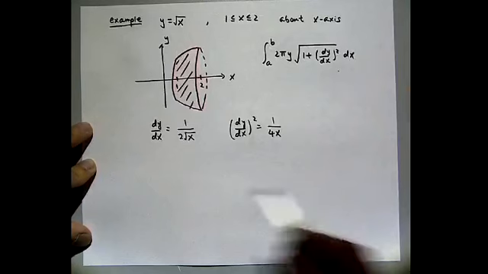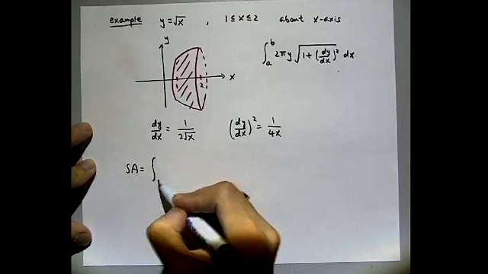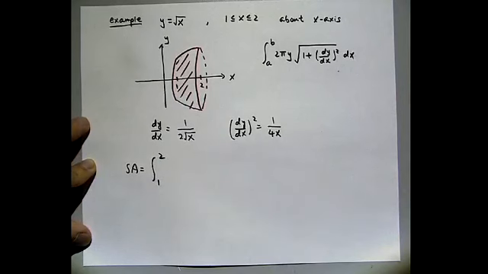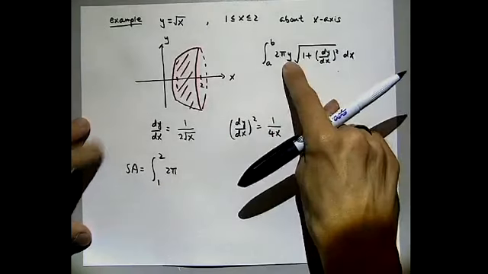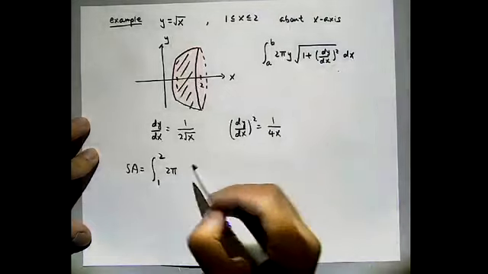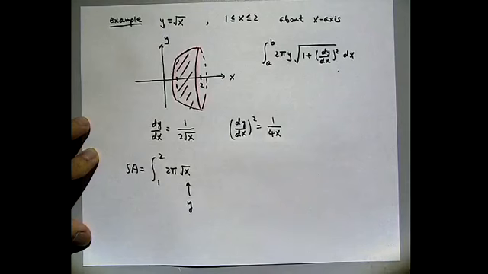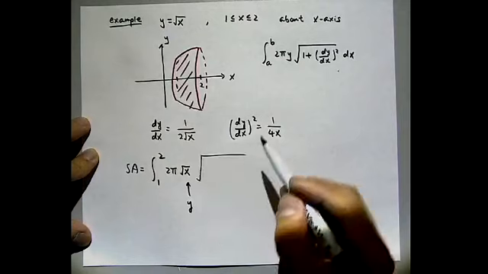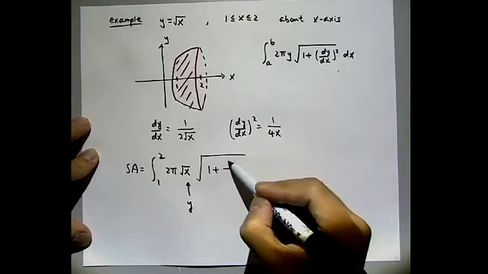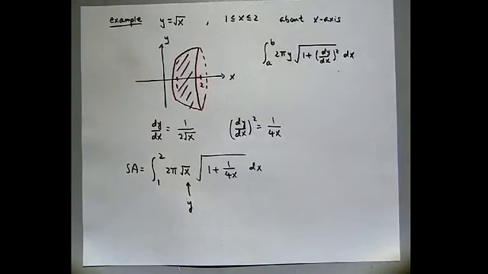Okay, and then you put this into that formula, we get surface area equal to the integral from 1 to 2 of 2 pi, y is equal to radical x, and then we have this thing here, radical of 1 plus 1 over 4x, and then dx.